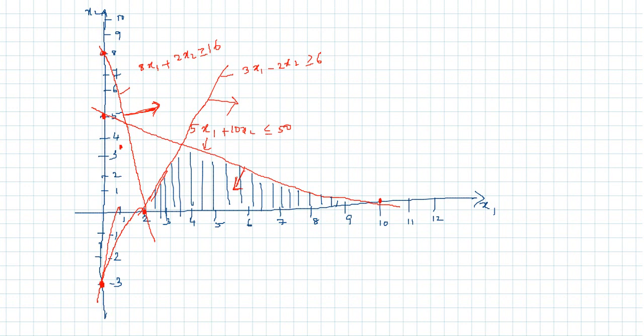This point is 2 comma 0, this one is 10 comma 0, and this point you can calculate by solving the equations 5x1 plus 10x2 equal to 50, and 3x1 minus 2x2 equal to 6. After solving we'll get 4 comma 3. So totally we'll be getting 3 points: the first point is 4 comma 3, the second point is 2 comma 0, and the third point is 10 comma 0.